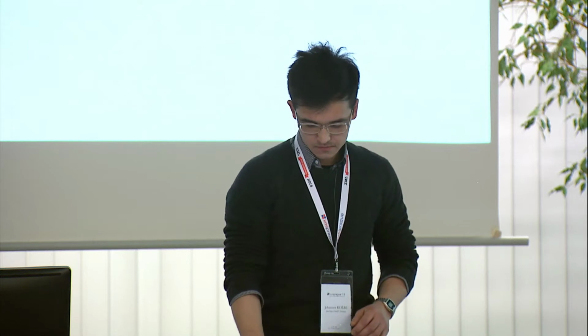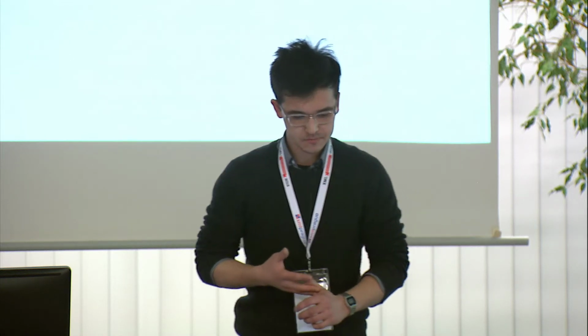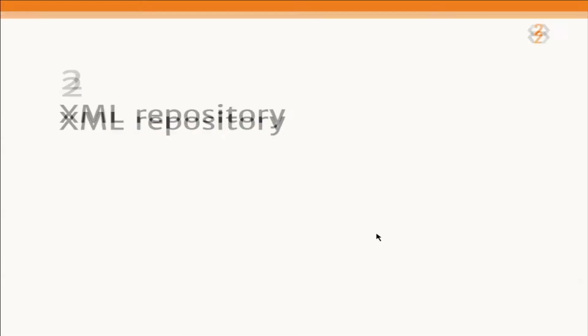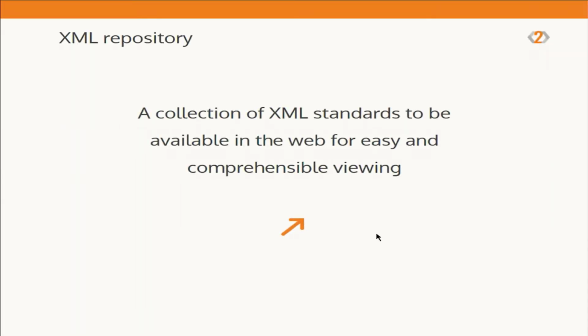Then, secondly, also in this XML world, we have a repository that we have been working on. We wanted to find a collection of different standards and display them at once in a view that you could easily access. So we collected a lot of standards, tried to convert them and make them available online.